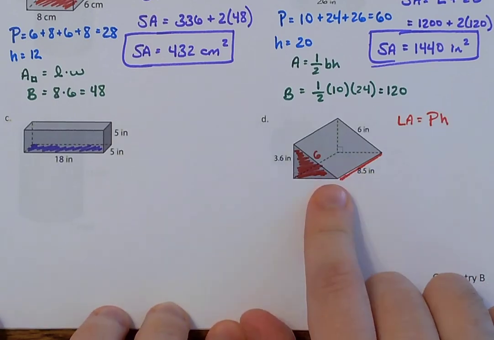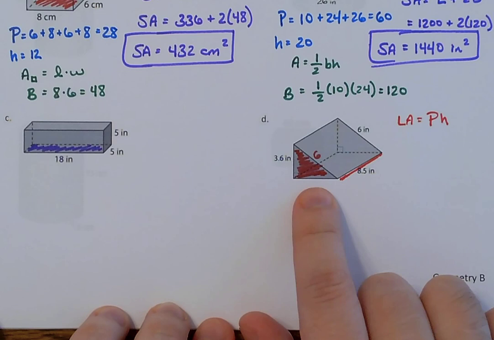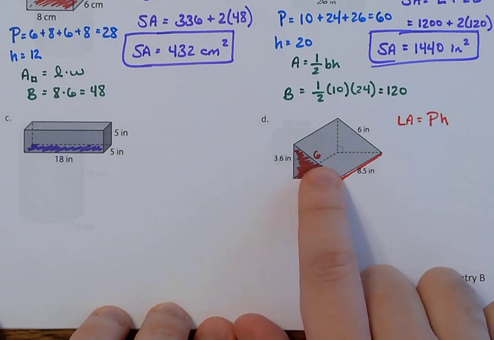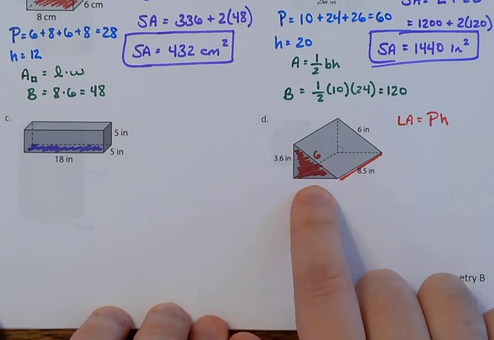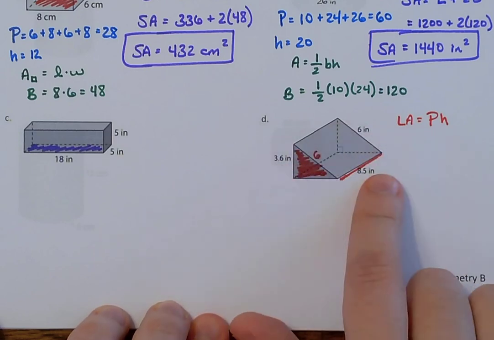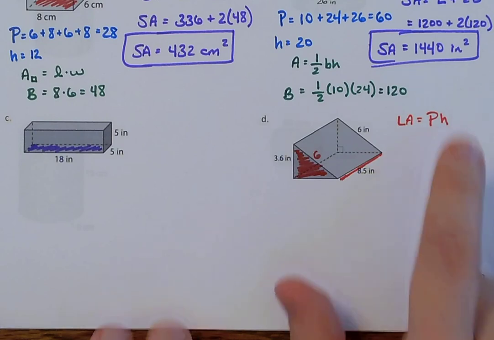Sometimes in triangular prisms, they will not tell you one of the side lengths of your triangle. So they told me this one's 3.6 and this one is 6, but we do not know this measure to tell us what our value of P is. I can figure out everything else except our perimeter.